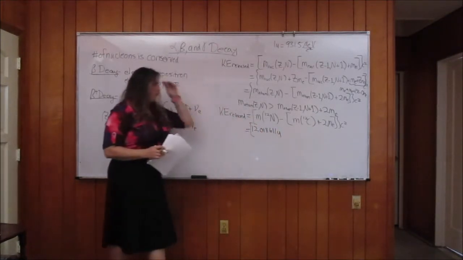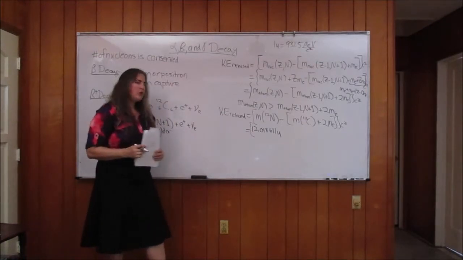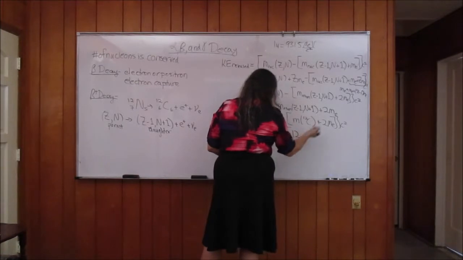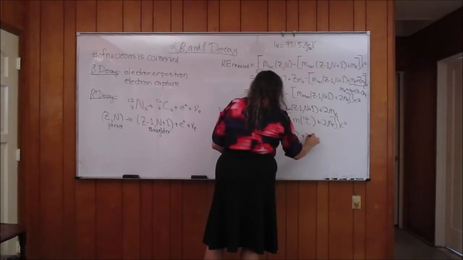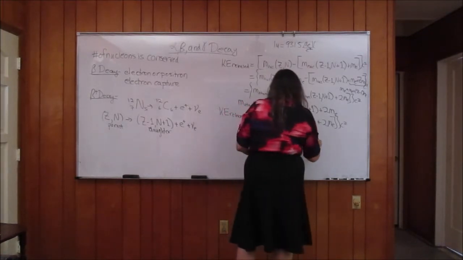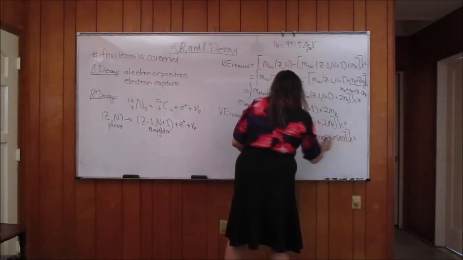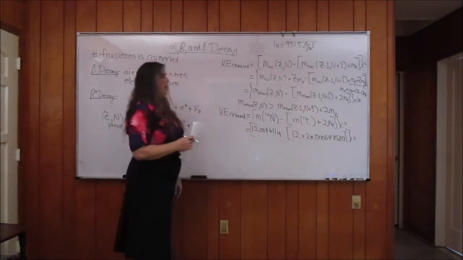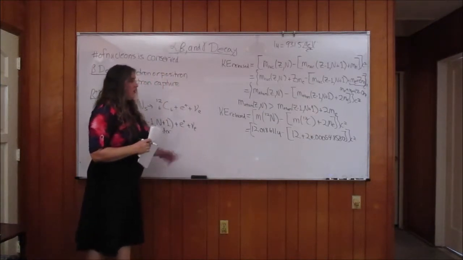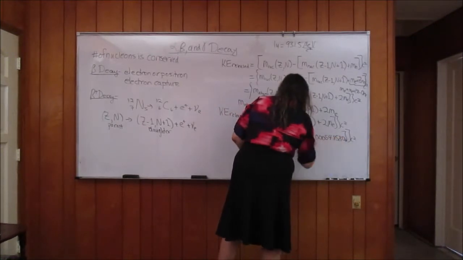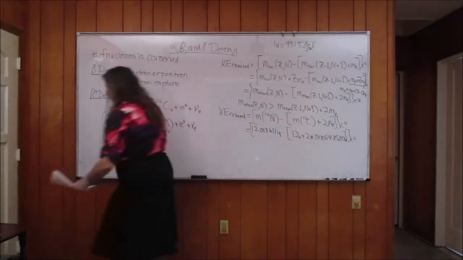The mass of nitrogen 12 is 12.018611 atomic mass units, and the mass of carbon 12 is just 12 plus 2 times 0.000548580, all times c squared. I left it out here, but these are also in atomic mass units as well.